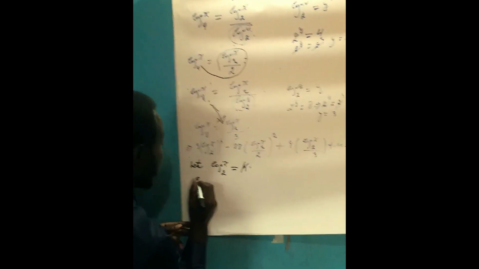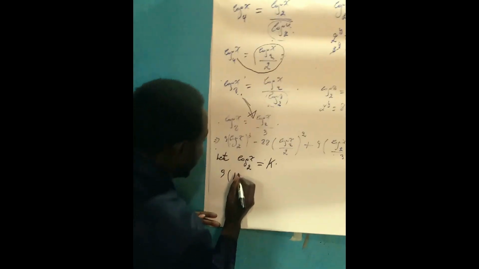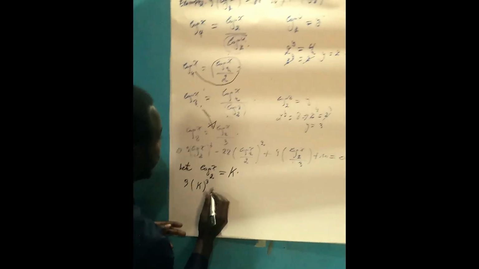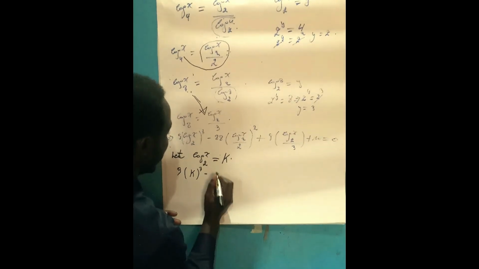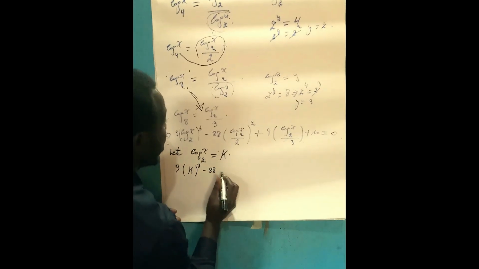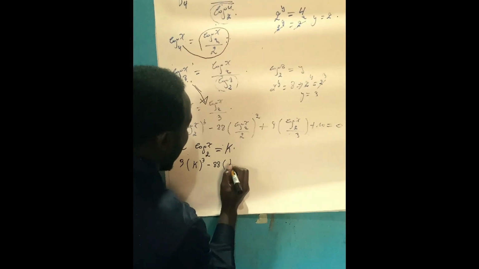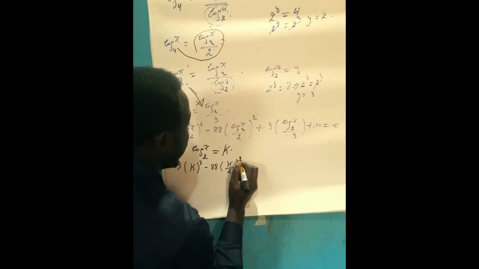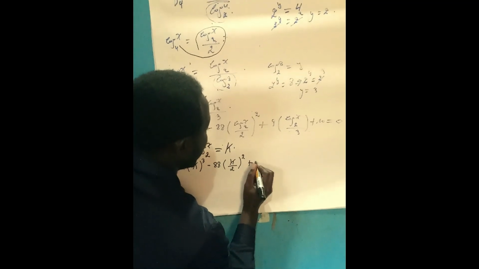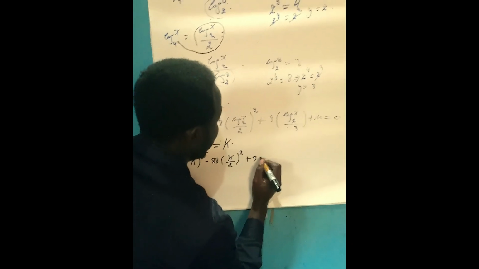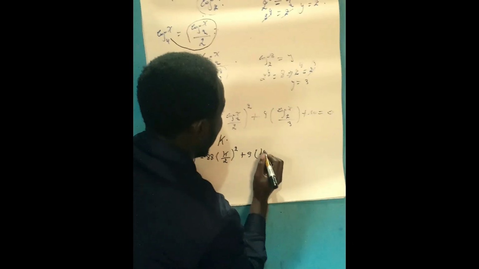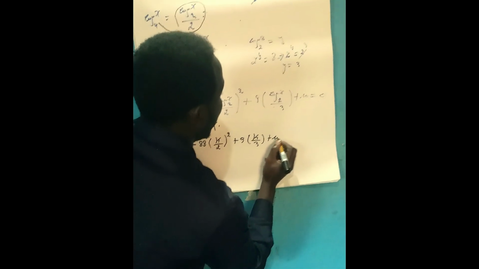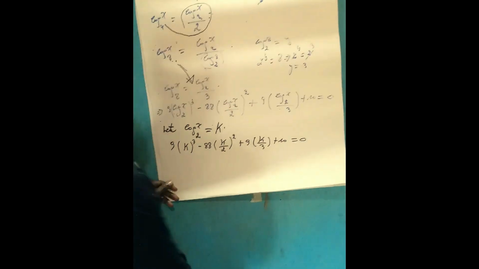So then substitute log x base 2 equal k. So we have 9k power 3, then minus 88 times k over 2 power 2, then plus 9 times k over 3, then plus 10 equal to 0.